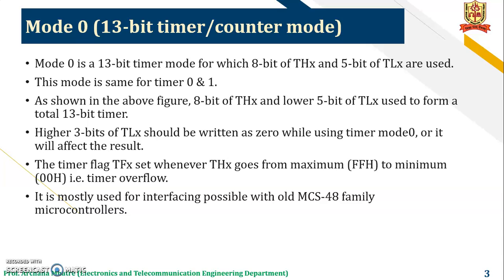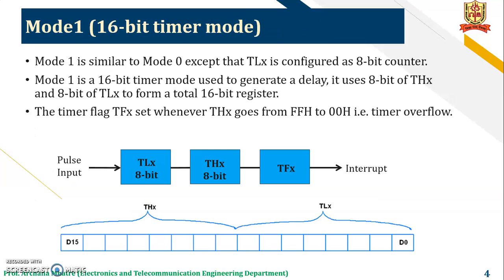Higher 3 bits of TLX should be written as 0 while using timer mode 0 or it will affect the result. The timer flag TFX is set whenever THX goes from maximum FFH to minimum 00H. That is timer overflow: when THX goes from maximum to minimum, the overflow flag will be set.